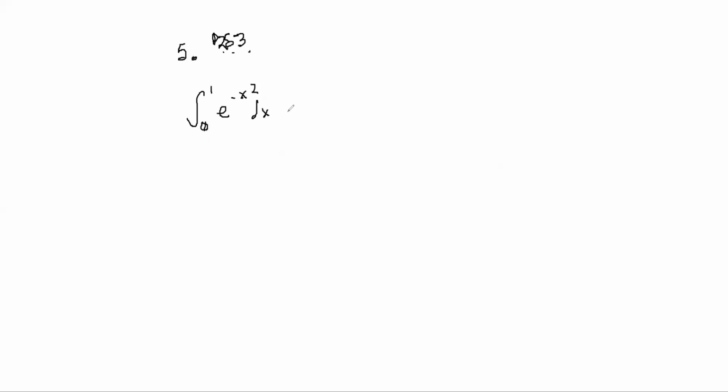I forget to do the dx a lot, which is very problematic, but the dx is always there. Trust me. Just call me out if it's not there. And we know that n is equal to 5.